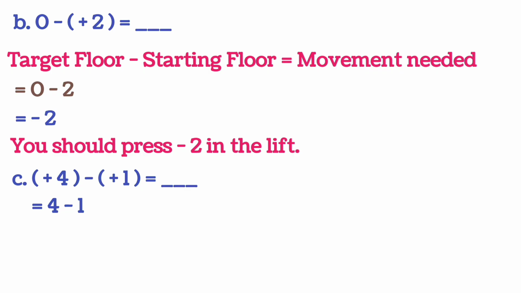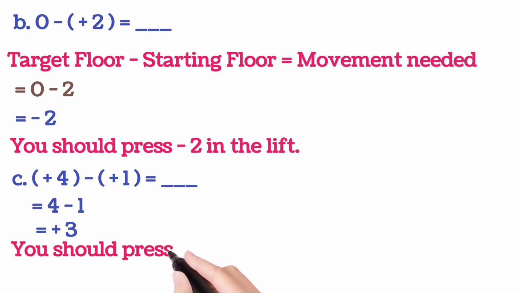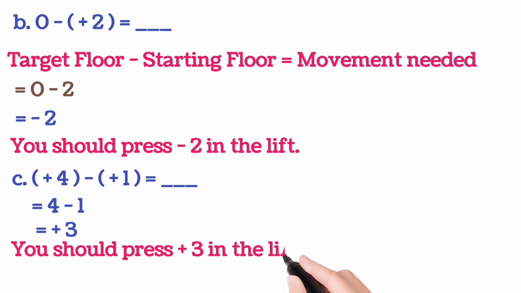One is positive, one is negative, so we will do subtraction, and the plus sign goes with the bigger number. So plus 3. So you should press plus 3 inside the lift to reach the fourth floor from the first floor. Clear? Go for the next sum.